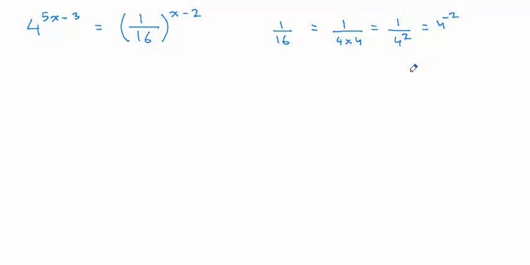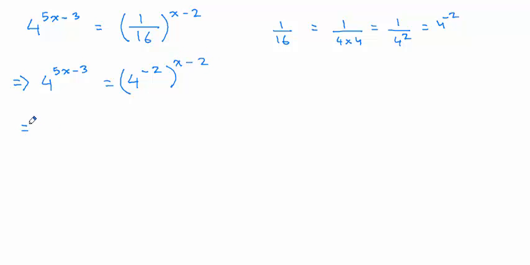Our aim was to rewrite this as a power of 4. Therefore we are going to replace the 1/16, only this portion, with 4 raised to the negative second power. 4 raised to the 5x minus 3, no change on that side, is equal to 4 raised to the negative second power, and that raised to the x minus 2.